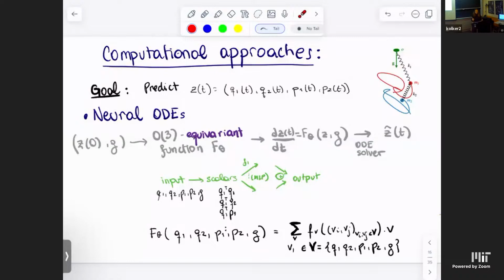Does that make sense? That is going to be an equivariant function. Then this parameterizes the differential equation. And then I'm going to use a differential equation integrator to make my predictions, compare the predictions with the actual data that I have, and take gradient steps with respect to the parameters that define the differential equation. So that's one way you can do it.